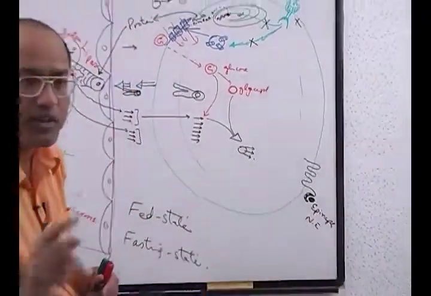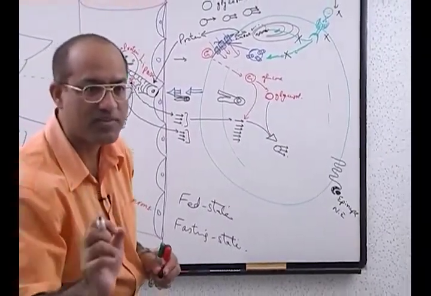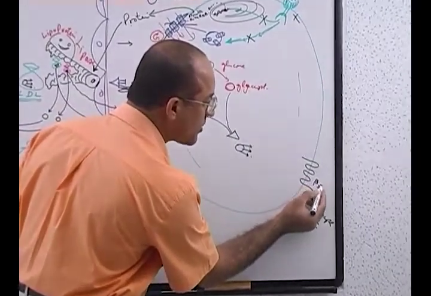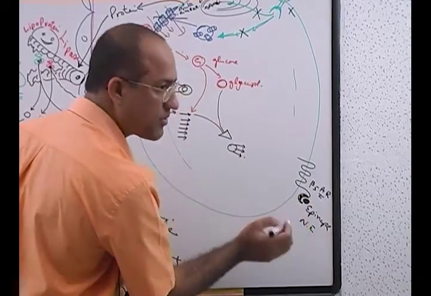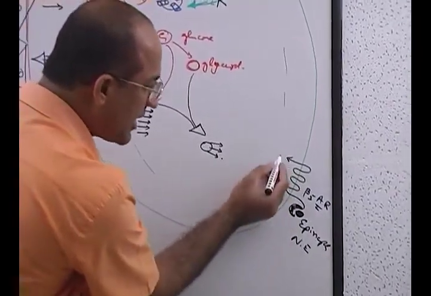One function is that they go to the fat cells and stimulate the special adrenergic receptors, which we call beta 3 adrenergic receptors. They are stimulated, and they give a signal in the cell.